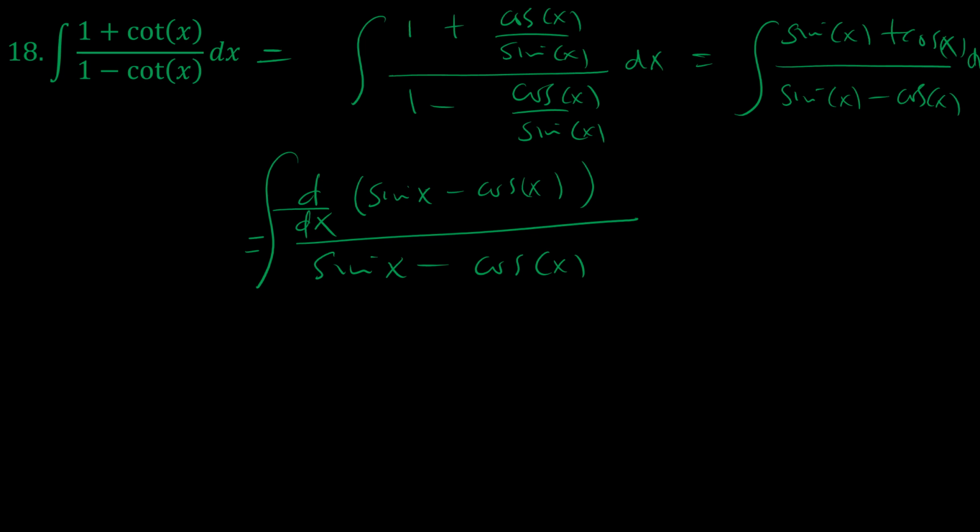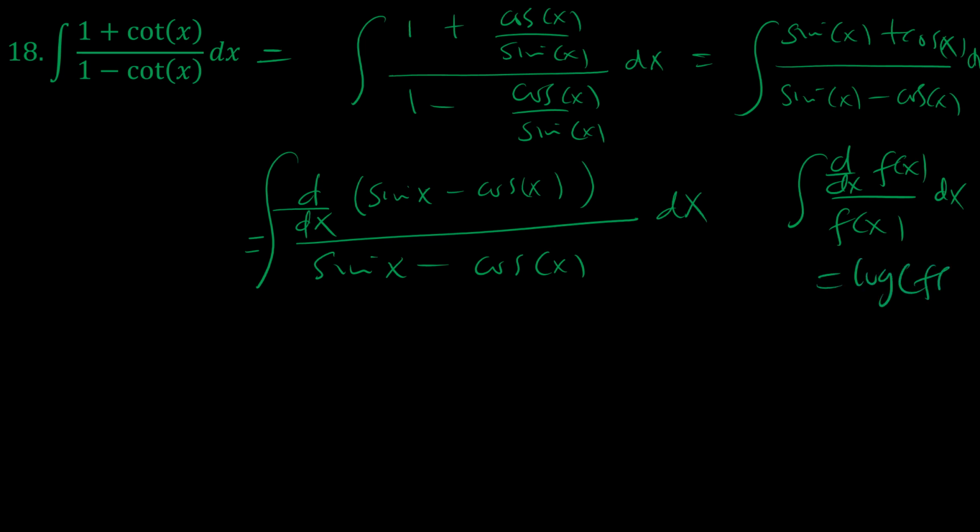Now what we're seeing here explicitly is that if you have the derivative of a function f of x over f of x, this is the same as natural logarithm of f of x, and our f of x happens to be sine x minus cosine x.